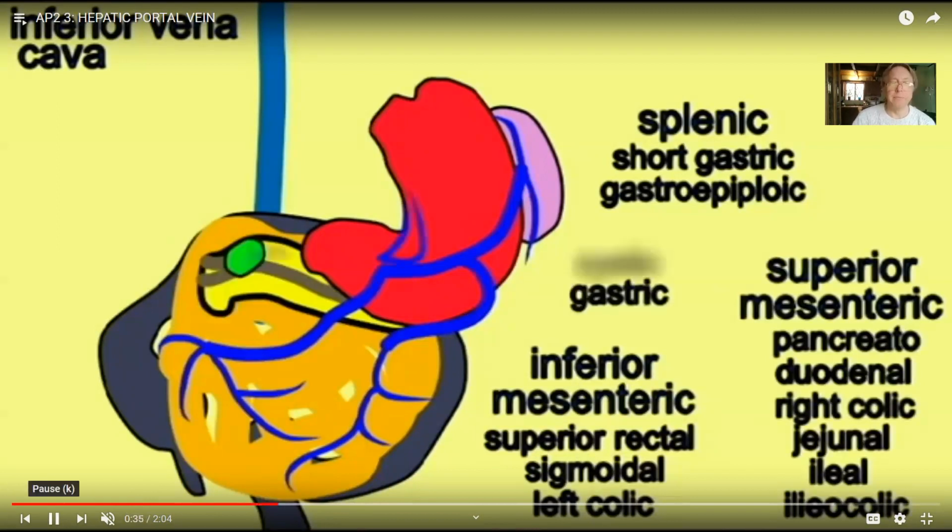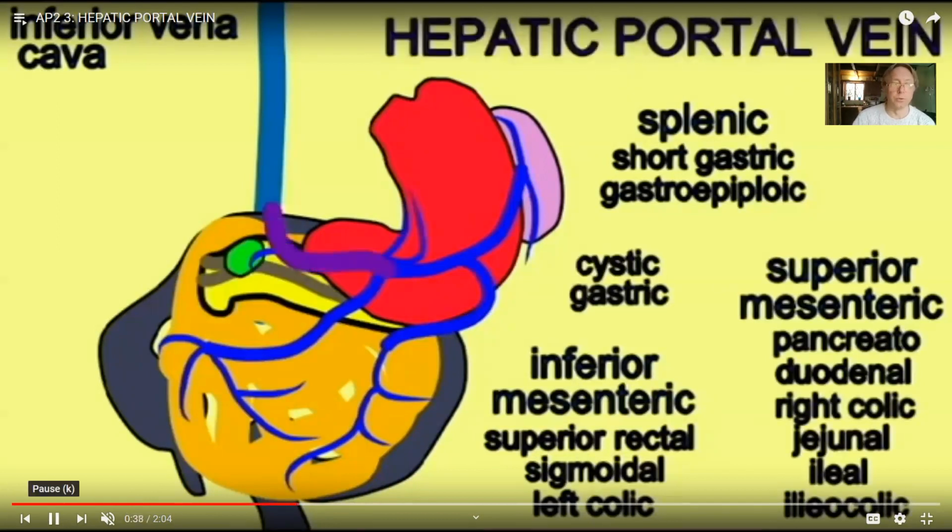Instead, they empty into what's called the hepatic portal vein. So the veins that come out of the stomach, the intestines, the spleen, the gallbladder, they could go into circulation and go back to the heart, but instead they form this hepatic portal vein that goes to the liver.